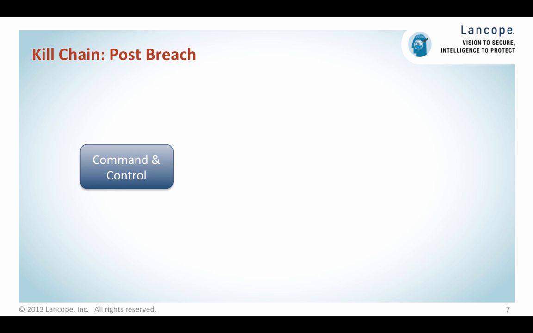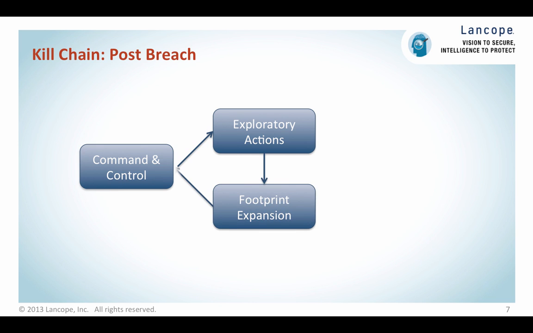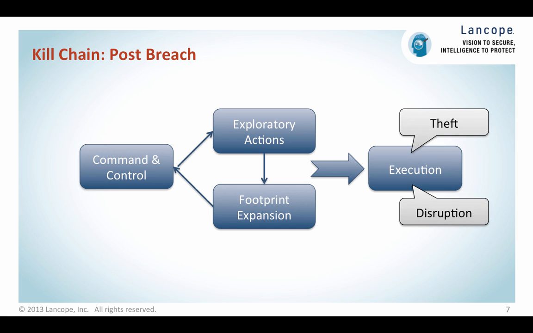The attacker will then perform exploratory actions to identify other resources of interest before expanding their footprint. This loop will continue until at some point the attacker has completed or executed their objective, which is often in one of these two categories: theft of data, such as intellectual property, or disruptive activities, such as a denial of service.